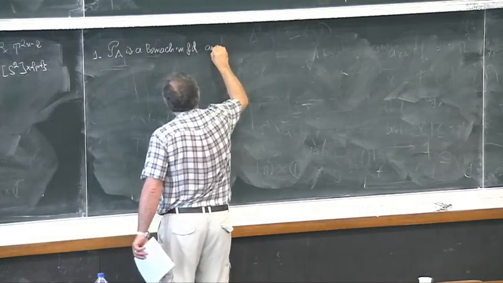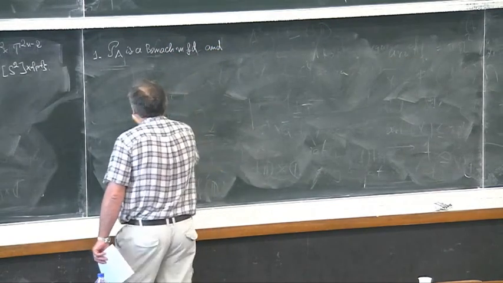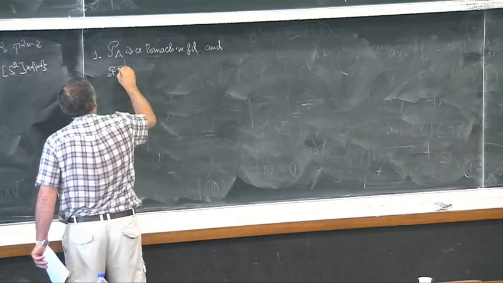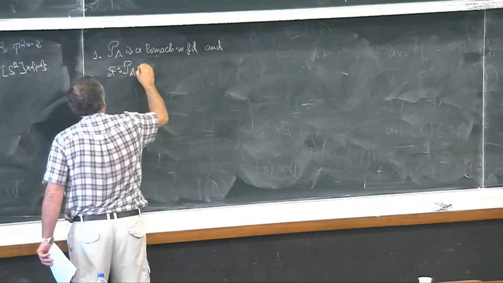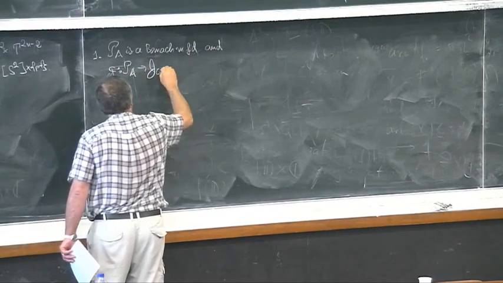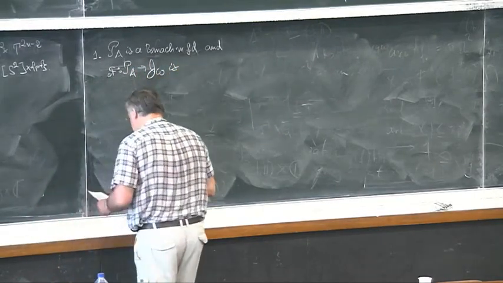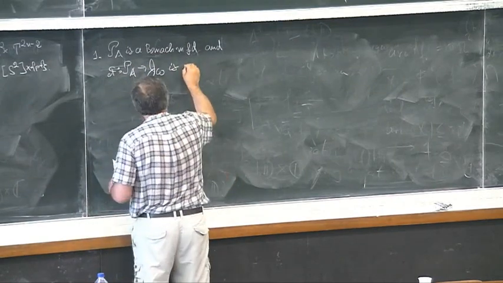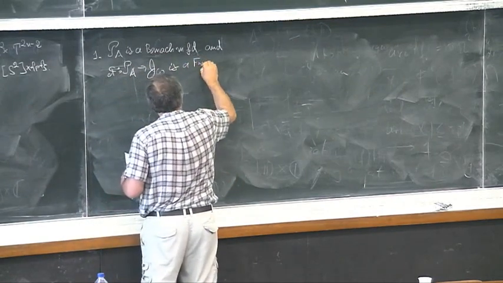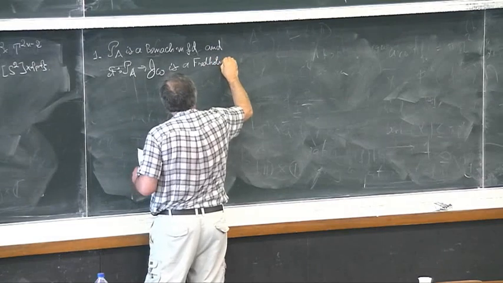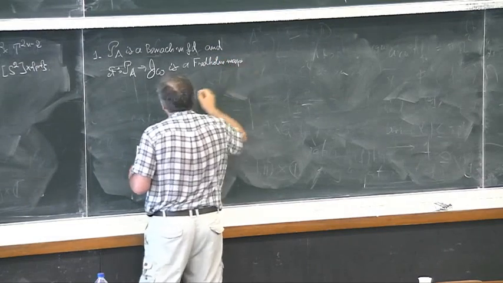And the natural projection from P_A to the space of structures is a Fredholm map of index.